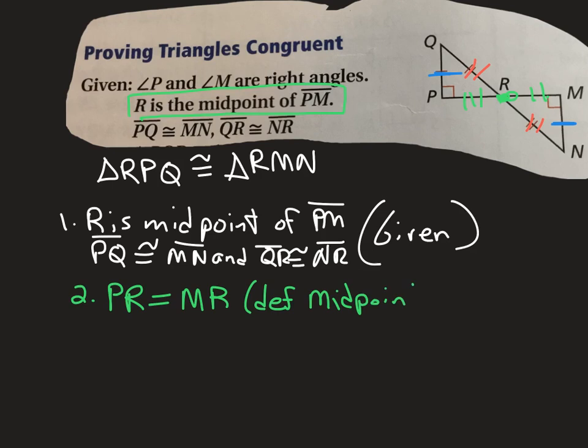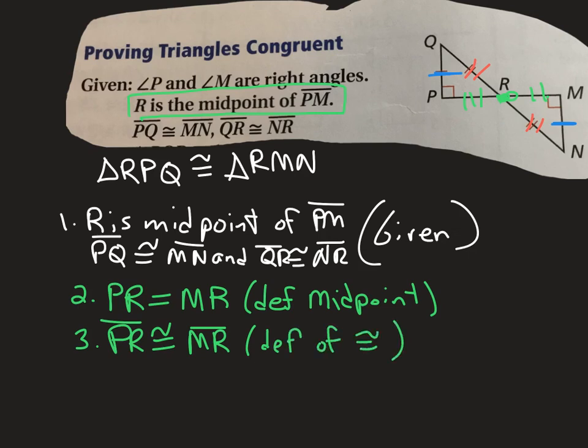That's what midpoint means. And if the distances are the same, then I know that these segments are congruent, because that's what congruent segments are. They're segments that have the same length. So this is definition of congruence. And now we've shown everything we need.